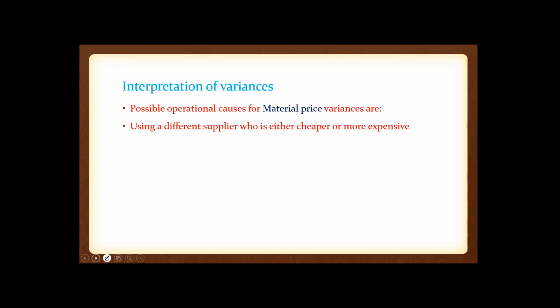You may want to see what is the reason. Maybe we have changed from one supplier to the other. Earlier the supplier was supplying at $9, and now we have got a supplier who can supply at $8. Or maybe now we have got a supplier who is supplying at $10. In that case, it's an adverse variance. In the earlier case, it's a favorable variance.